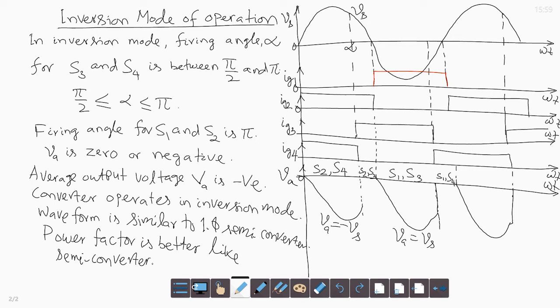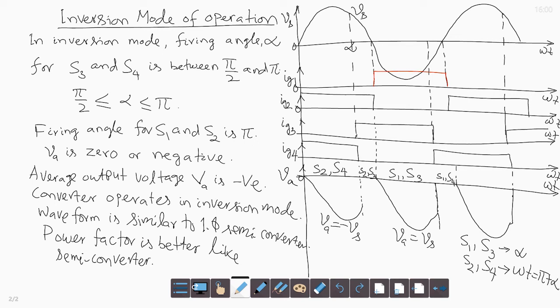So there will be 2 sets of pulses, S1 and S3 will have the identical gate pulse, which starts from omega t equals to alpha, and S2 and S4 will receive the same gate pulse with firing angle alpha, but it will start from pi plus alpha. Omega t equal to pi plus alpha, the pulses will start.